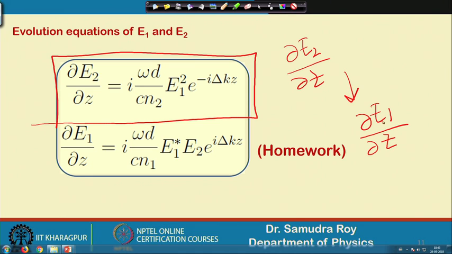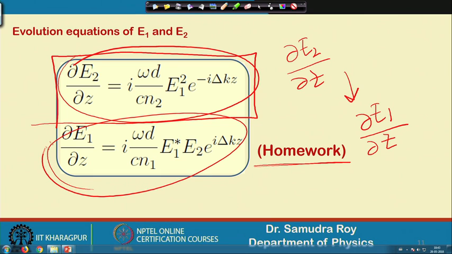This is a very interesting expression also, and you can calculate it exactly in a similar way. That is why please note that I put it as homework. I want the student to use a similar treatment, the way we calculated this expression, to find out this equation.